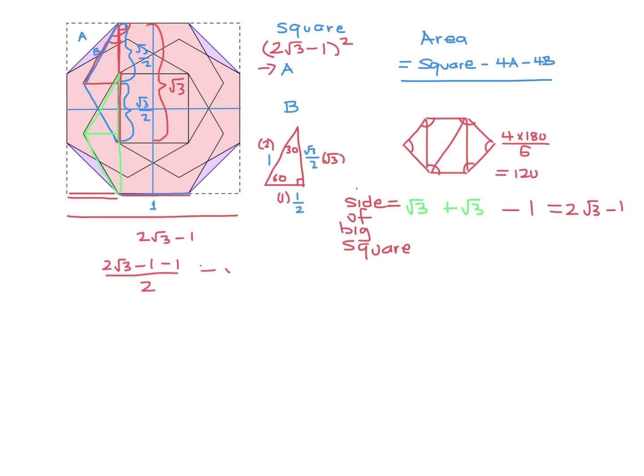And this looks to me like root 3 minus 1. So therefore, since that's an isosceles triangle, I believe, the area will be 1/2 base times height, where the base is root 3 minus 1, and the height is also root 3 minus 1, so it'd be 1/2 root 3 minus 1 squared. And then there's 4 of those guys, so I guess in the end we'll have to just multiply by 4, which is not a problem.